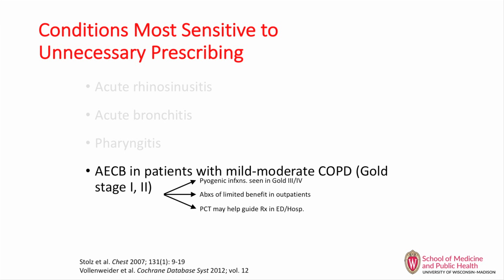And if they're not sick enough to go to the hospital, generally they don't need to be on antibiotics. So I reserve antibiotic therapy for those who have advanced airway obstruction or they look sick enough that I would consider putting them in the hospital. Those are people who should get antibiotics.